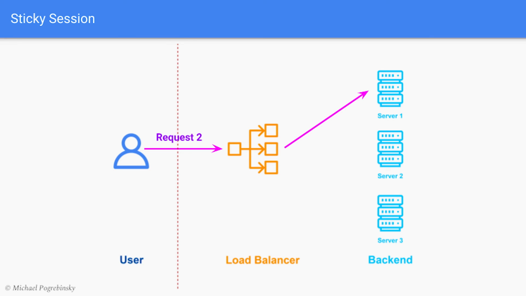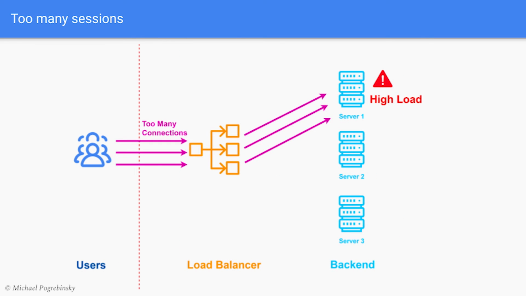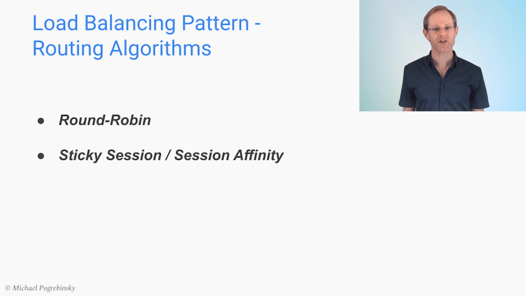However, this algorithm works great only for relatively short sessions. But if one particular server gets stuck with too many long sessions, then it will have a disproportionately larger number of requests to handle. So for those situations, there's another algorithm which is called least connection.